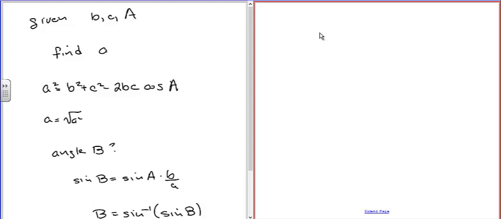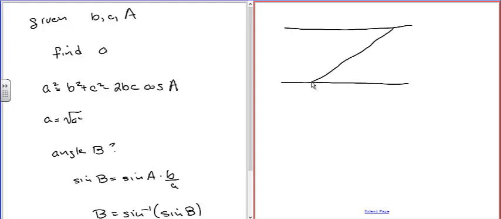I'm not going to tell you which one it is, but I'm just going to give you this as a hint. So if you have two parallel lines and a transversal connecting these two, then this angle, we'll call it theta, is the same as that angle. So you may need to use that in addition to the stuff to do with triangles.